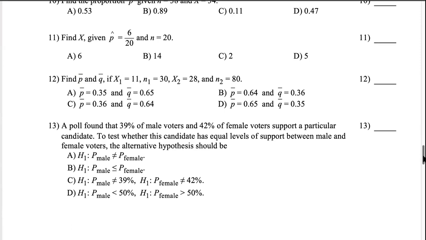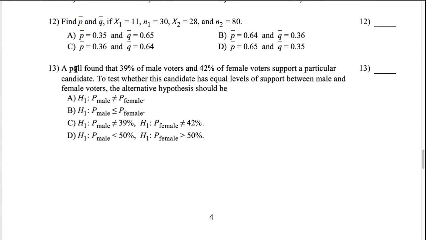Now, number 13 here: a poll found that 39% of male voters and 42% of females support a particular candidate. To test whether this candidate has an equal level of support between male and female, we are trying to see the alternative hypothesis based on this claim.